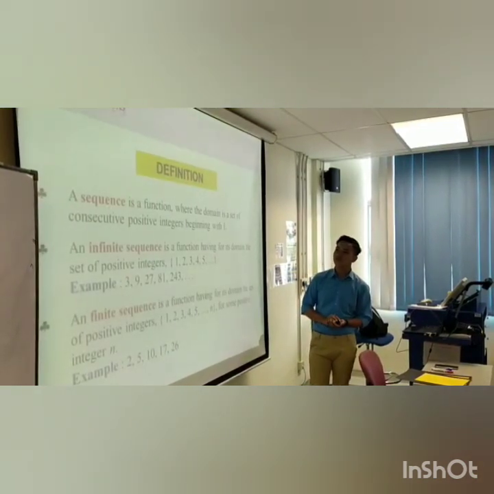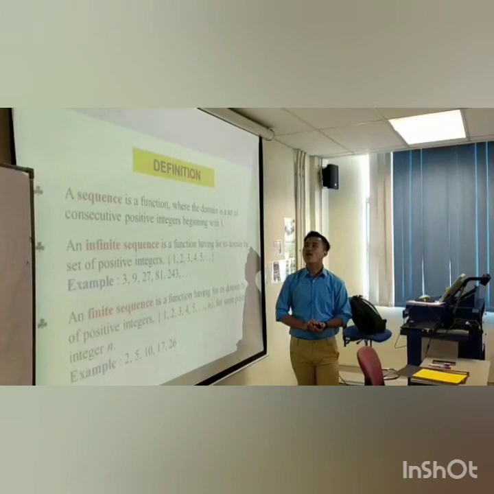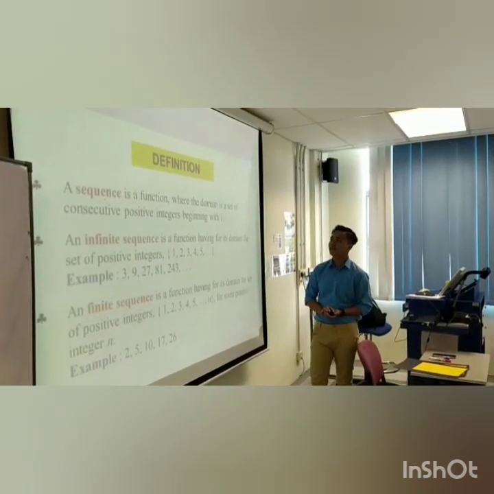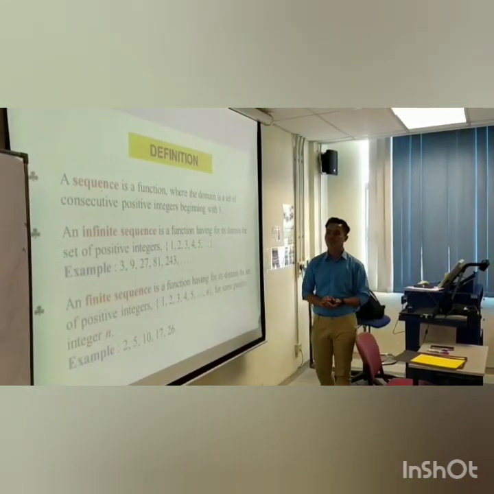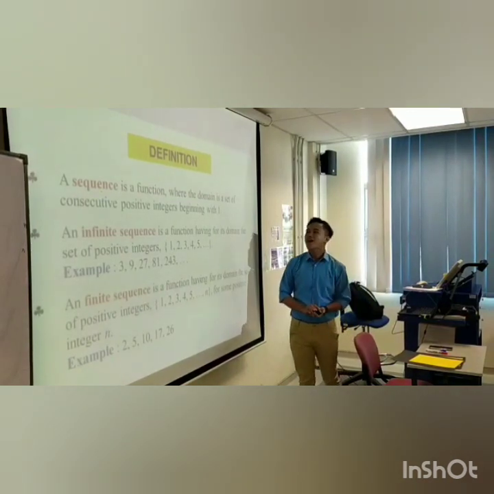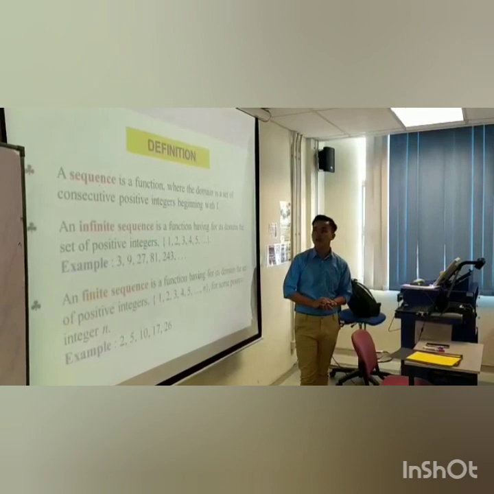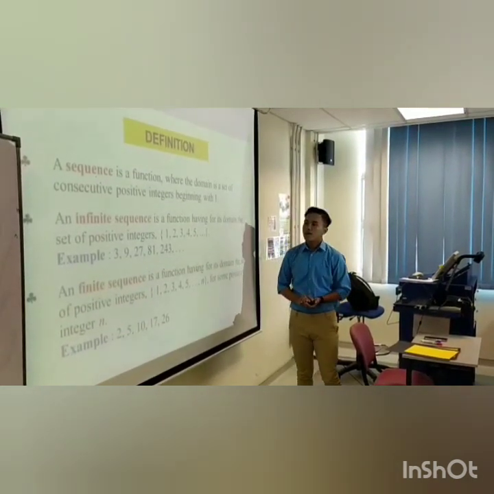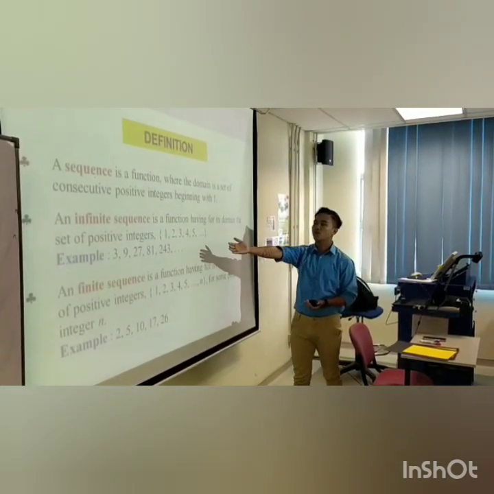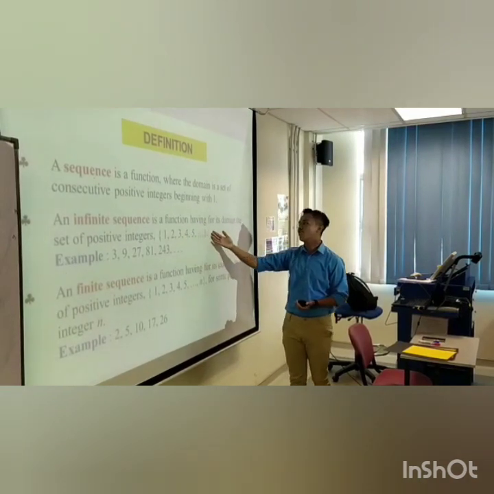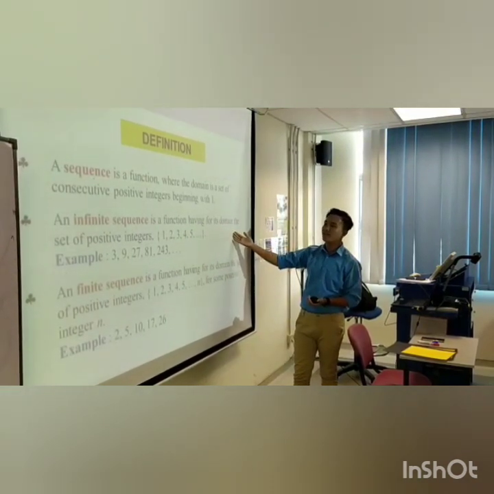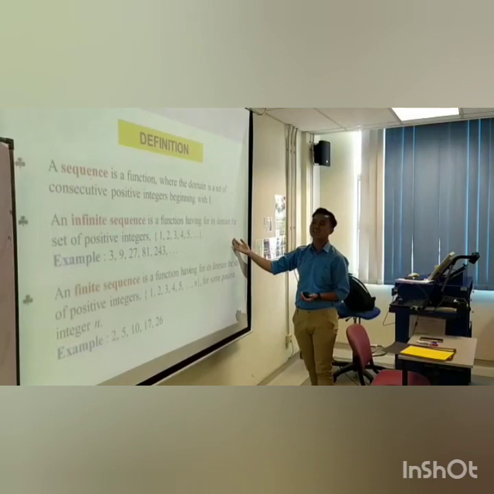So, sequence. A sequence is a function where the domain is a set of consecutive positive integers beginning with 1. It cannot be negative, must always be positive. Also, an infinite sequence is a function having for its domain the set of positive integers.